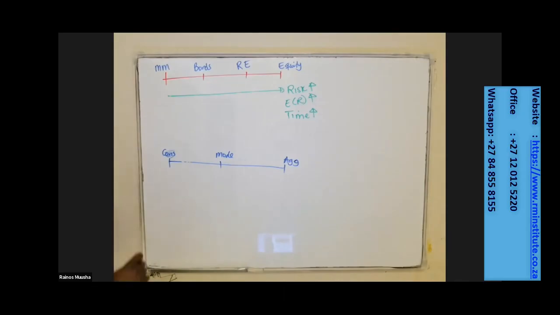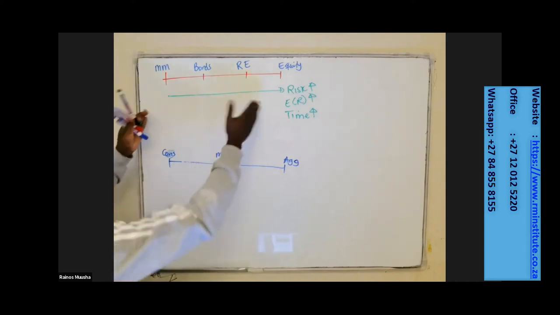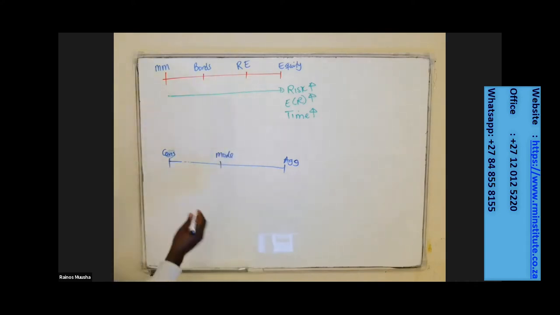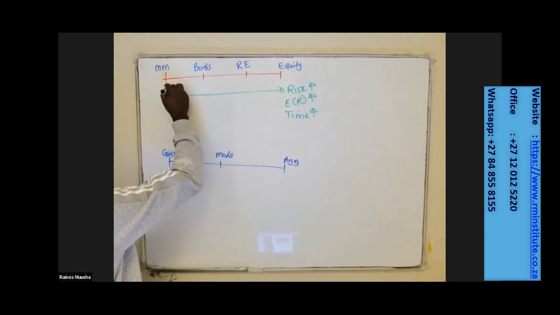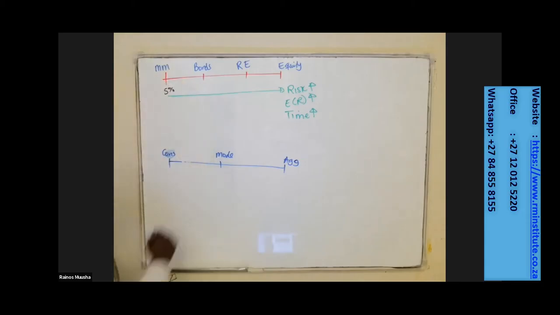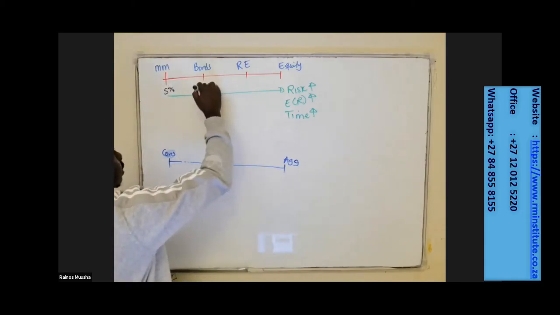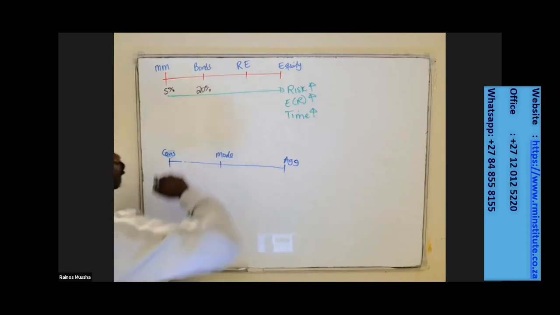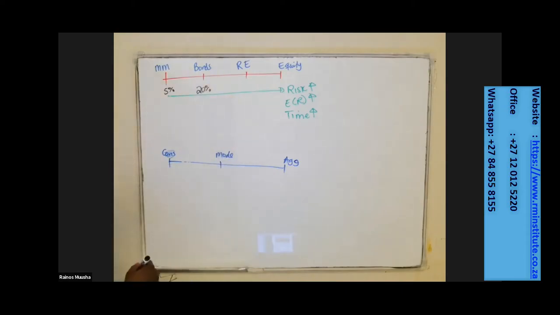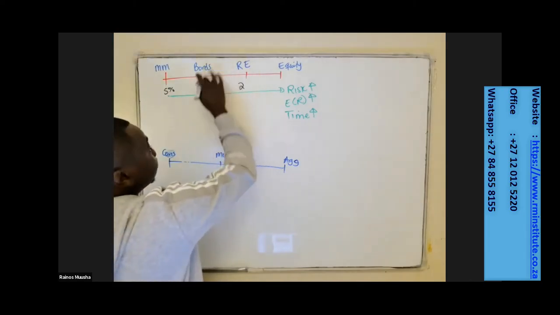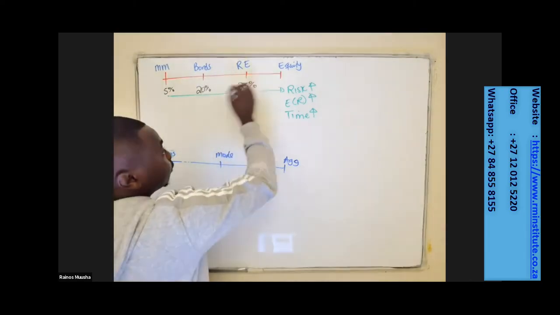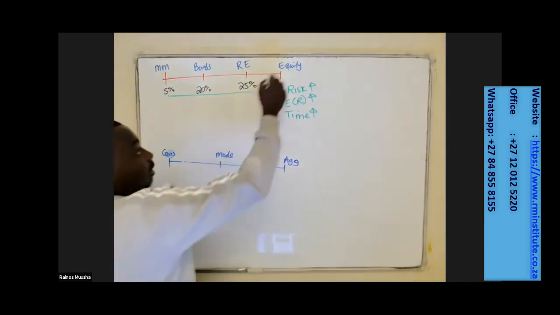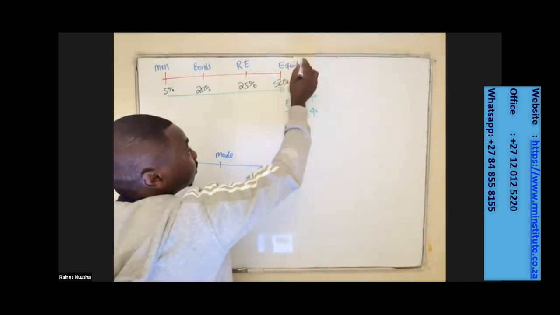The strategic asset allocation is now the agreement to say, in the long run, how do we plan to have our portfolio structured? For example, they can say we want 5% of our portfolio in money market, we want, let's say, 20% in real estate, we want 25% in bonds, and then we want 50% of our portfolio in equity.